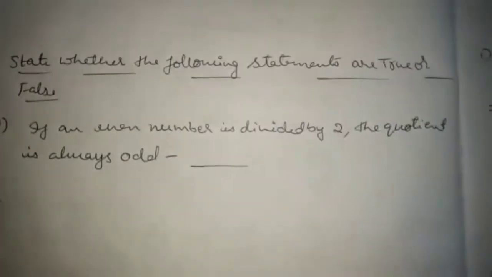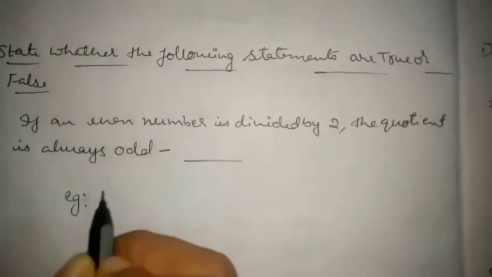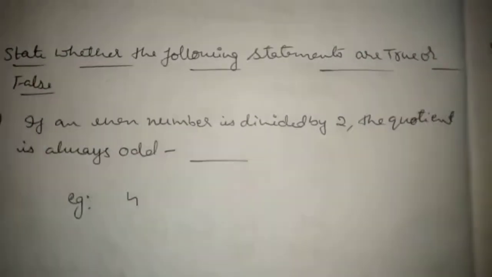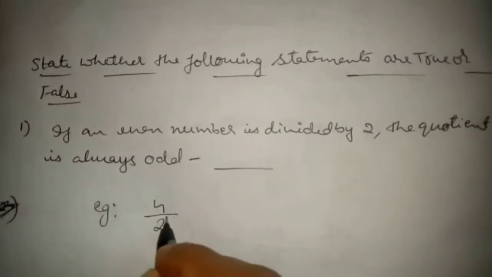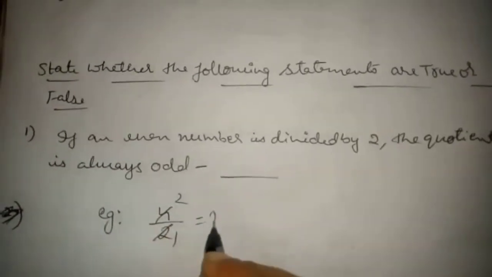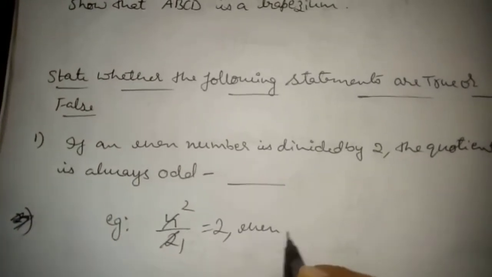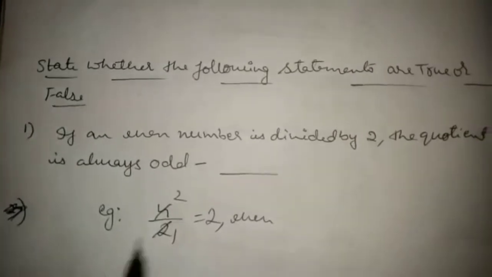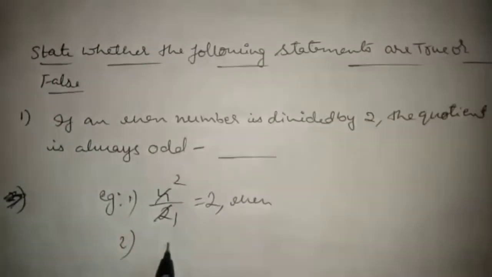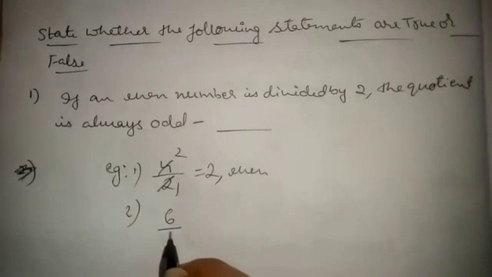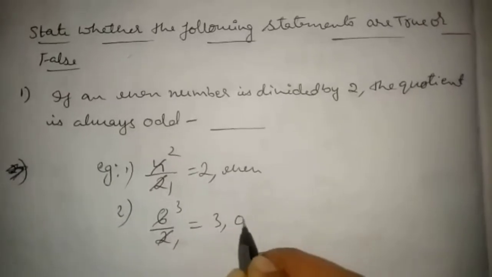So we'll take an even number, for example, 4. 4 is an even number, right? Divided by 2, what will you get? 2 ones are 2, 2 twos are 4. So 2 is not an odd number, right? It is an even number. Let me take another example. 6 is an even number, right? 6 by 2: 2 ones are 2, 2 threes are 6. 3 is an odd number.